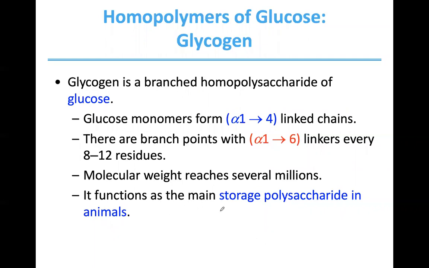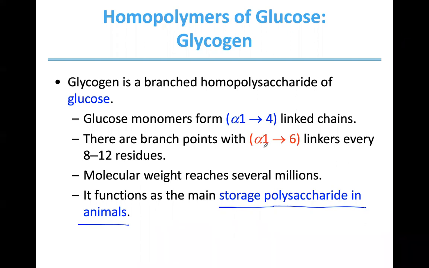So this is a storage polysaccharide in animals, right? So it's a branched homopolysaccharide of glucose. So alpha 1 to 4 linked chains. So we saw that a couple slides before. And now there are also branch points.